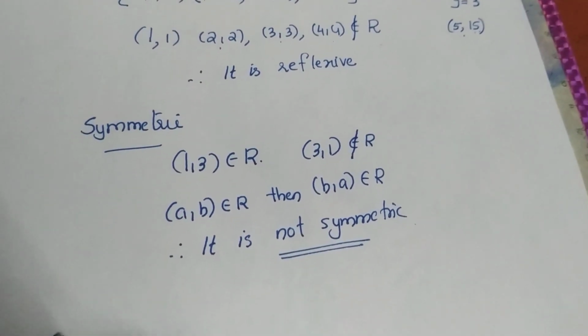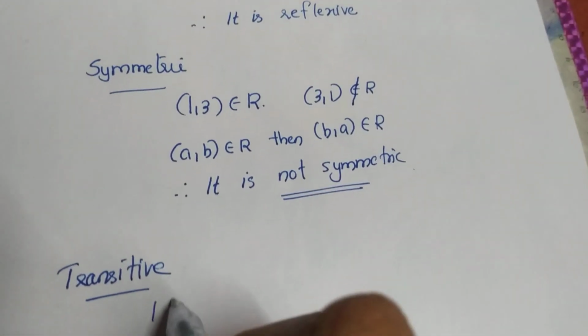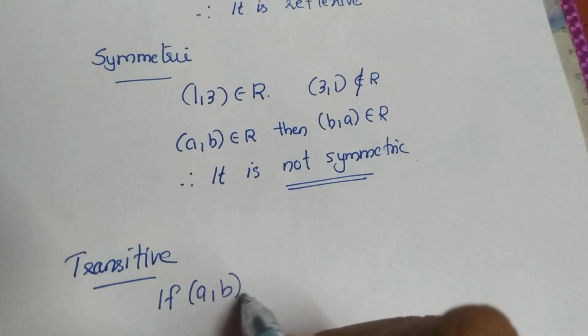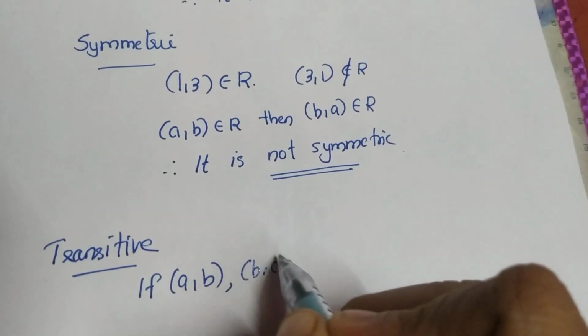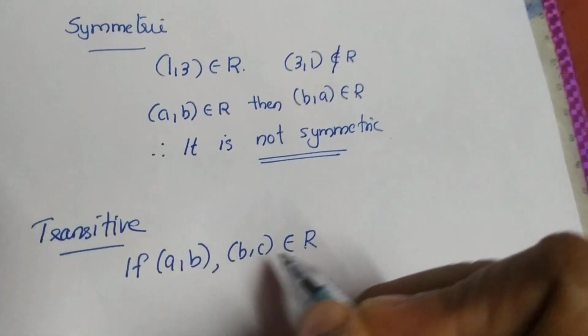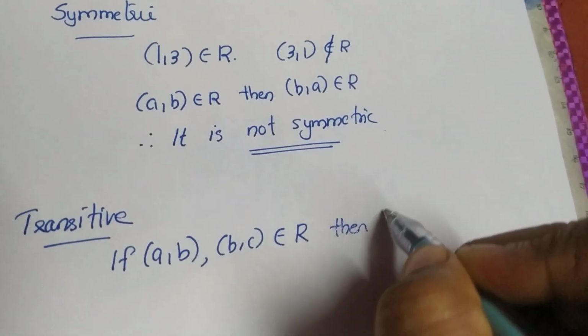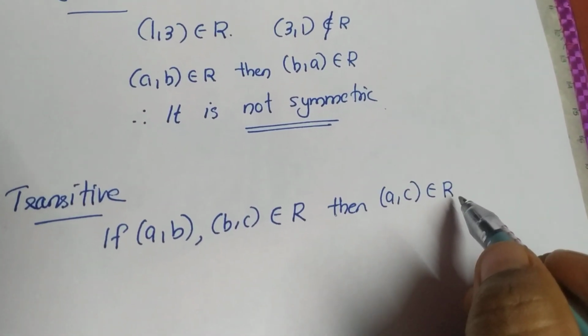Again, to check for transitivity, the condition is if ordered pair (a, b), we have to take one more ordered pair starting with b. So let it be (b, c). If (a, b) and (b, c) are elements of R, then (a, c) should be an element of R for R to be transitive.